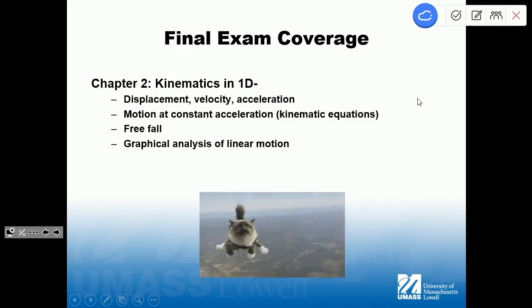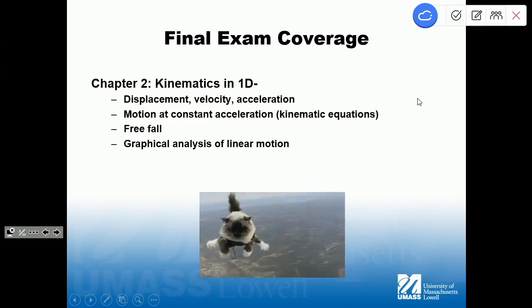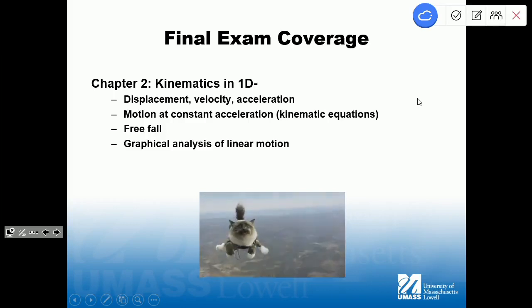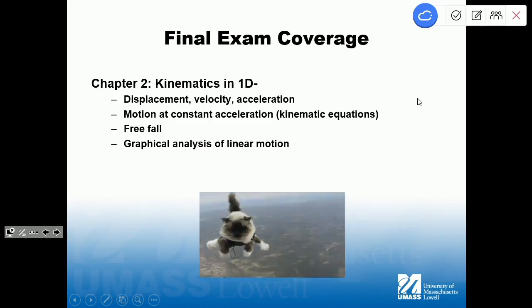So part of physics at the very beginning was differentiating between quantities that are vectors and scalars, and how they add. Scalar quantities just add as numbers. Mass is a scalar. If I have a 10 kg mass and a 20 kg mass, and I put them together, I get 30 kg. But displacement is not a scalar.